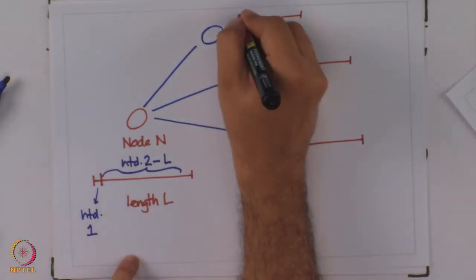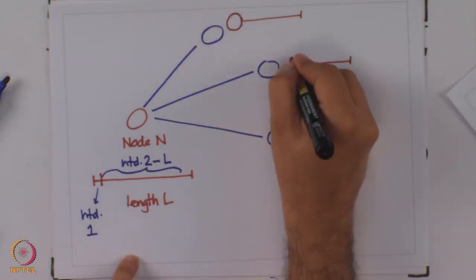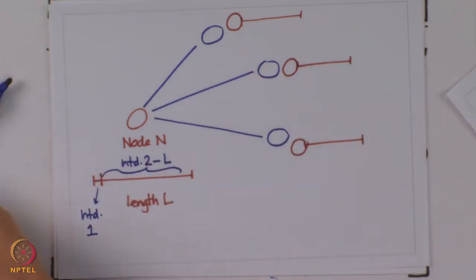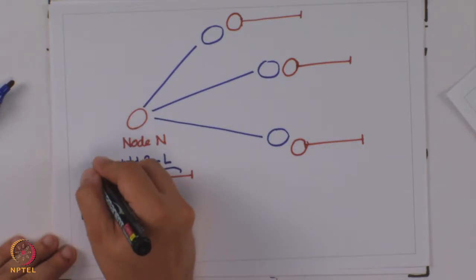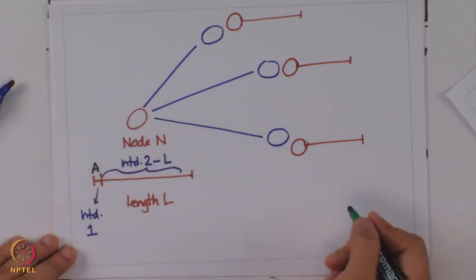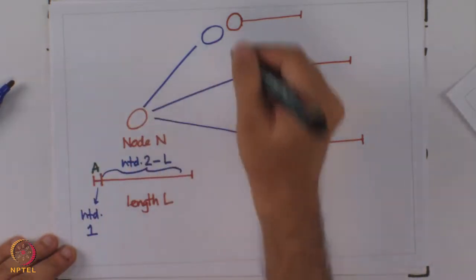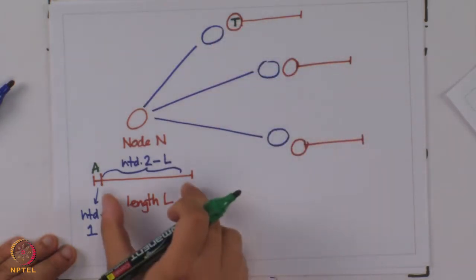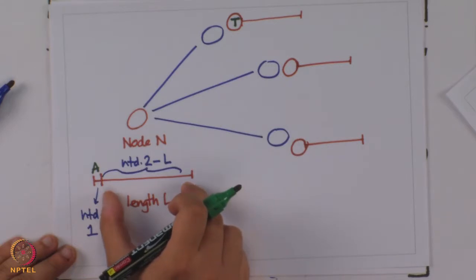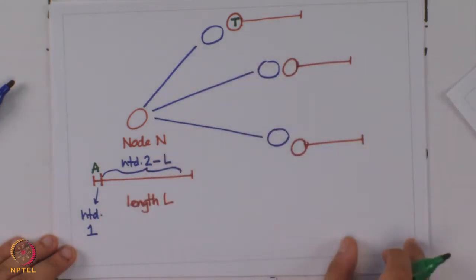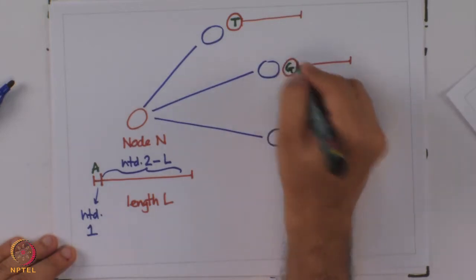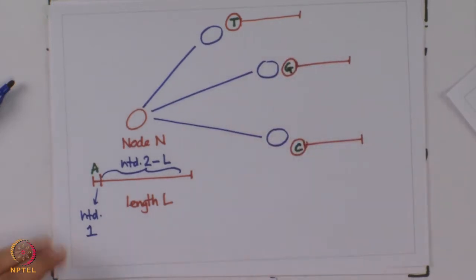However, they are free to take a different nucleotide at position 1. So, imagine that the nucleotide at position 1 in my node n was A, then one of the possible neighbors could be a T at the first position and the same identical nucleotide 2 to L for the remaining sequence, or it could be a G or it could be a C.